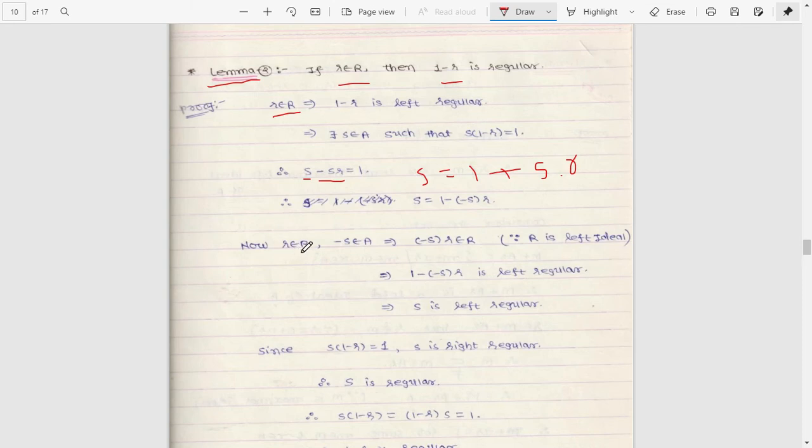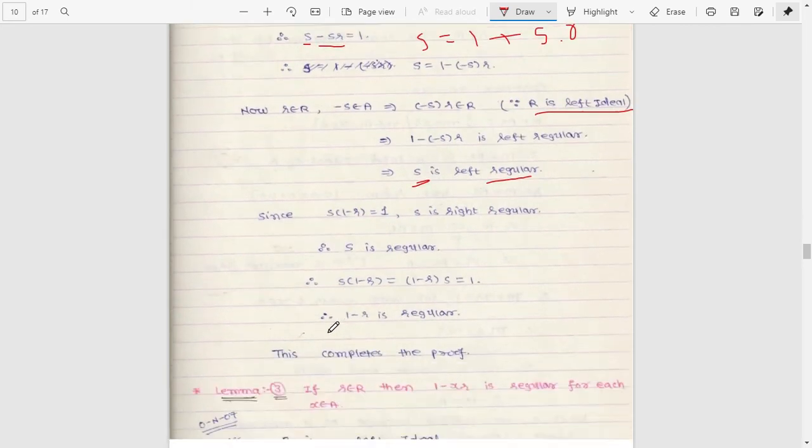Now r belongs to R and minus s belongs to A implies minus s into r belongs to R because R is a left ideal, implies 1 minus of minus s into r is left regular, implies s is left regular.